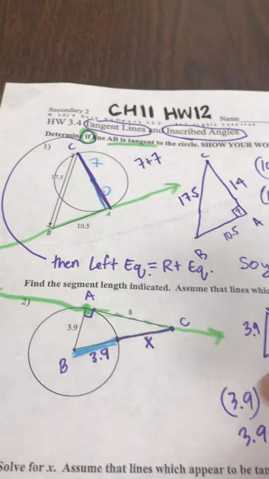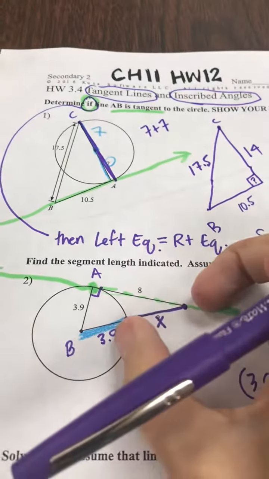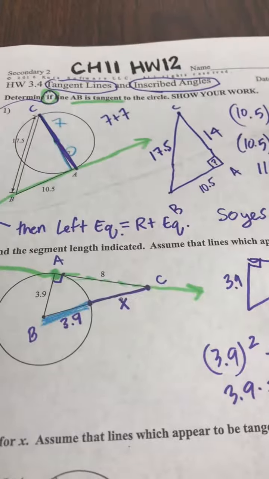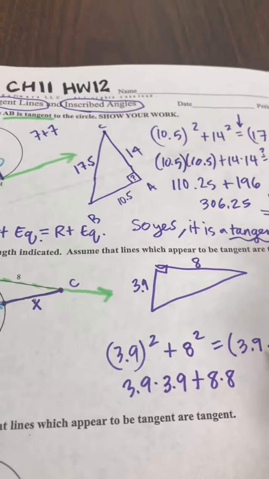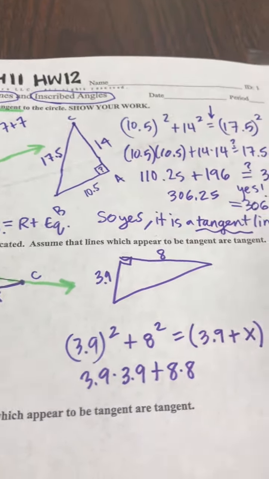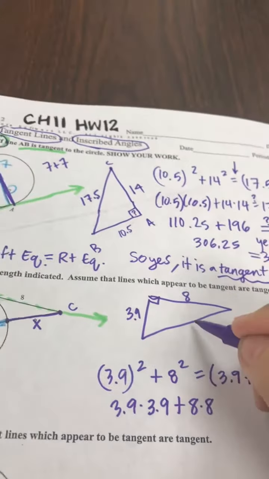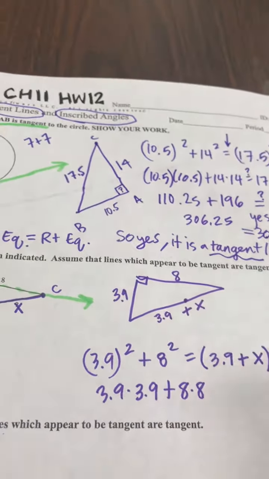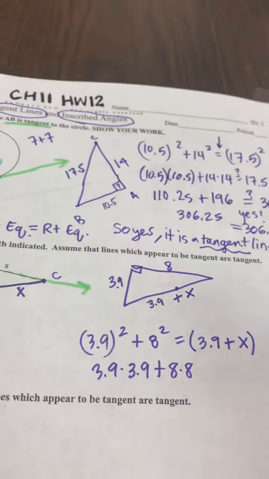And for this last one, I've got to use segment addition. This one and that one together would equal 3.9 plus x. So this is 3.9 plus another x for the whole segment, and I've got to square it.